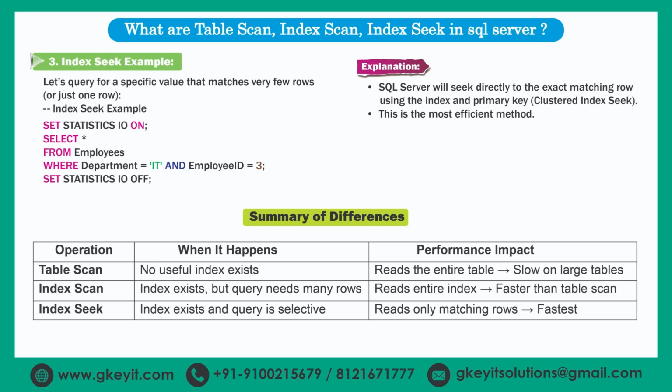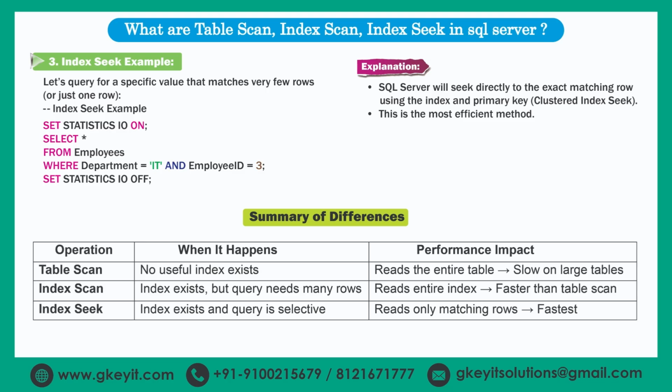Coming to the explanation part, SQL Server will seek directly to the exact matching row using the index and the primary key, clustered index seek. This is the most efficient method. Why? Because we are selecting the data on department and employee ID 3, so we are directly getting to this particular record. Here we can call it index seek.